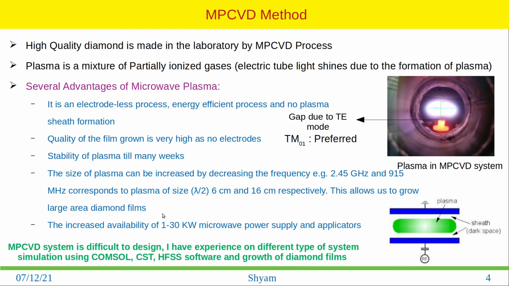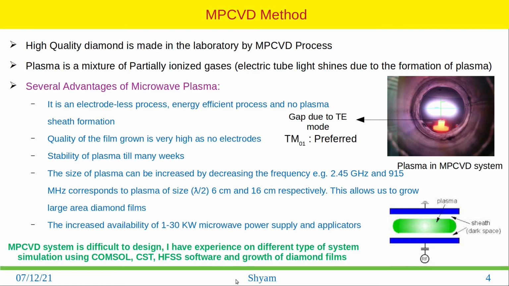So the drawback of this particular process is that the MPCVD system is very difficult to design, because we have different types of modes that control the plasma stability. I did these types of simulations during my PhD, and sometimes currently also for fun.